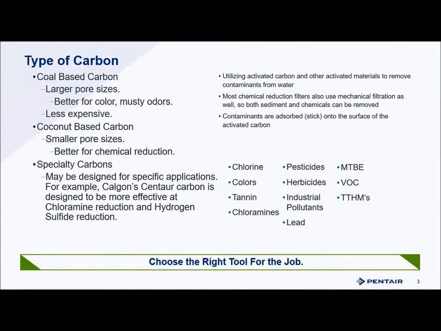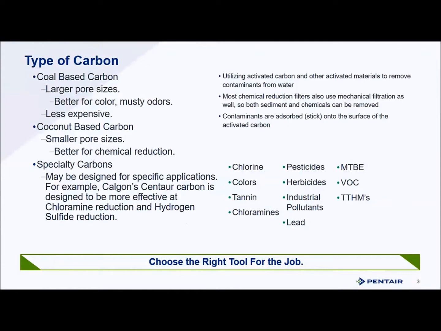Coal's a rather large commodity out there in the marketplace. Coconut-based carbons have a tighter, much smaller pore structure, and this is better for VOC and trihalomethane removal, smaller organics. And then there's a mix of those, quite often done in certain applications where you want to cover a broad spectrum as well.